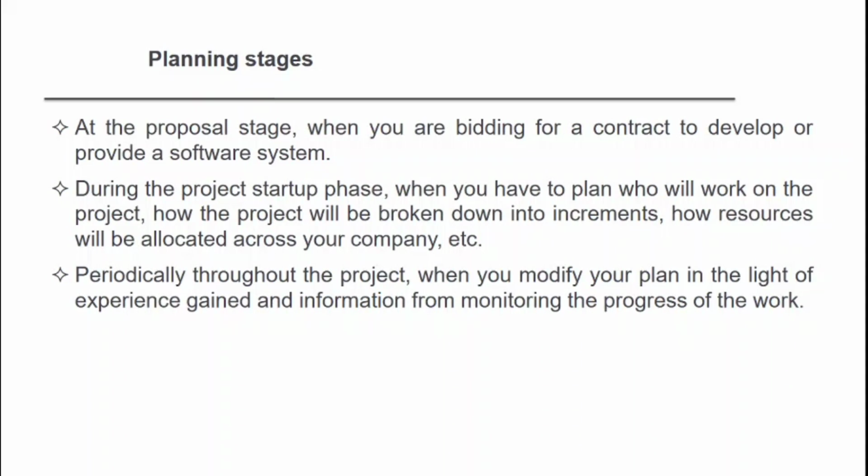Planning stages. You have various planning stages, we'll see them one by one: the proposal stage, the project startup phase, and the periodical stage. At the proposal stage, you are bidding for a contract to develop or provide a software system.